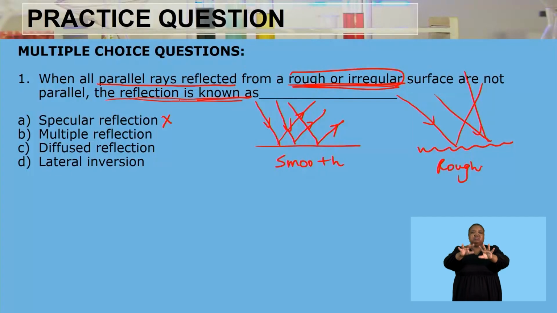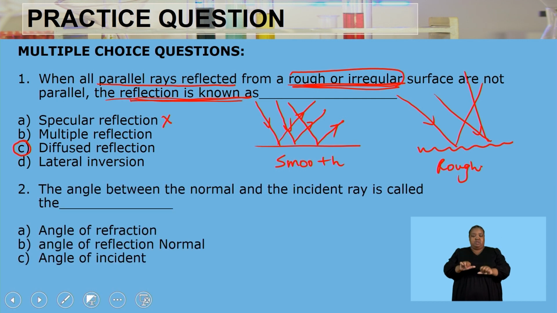However, they're going to be giving a diffuse reflection. So the reflection coming from the rough or irregular surface is known as your diffused reflection. So the answer here is C, diffused reflection.